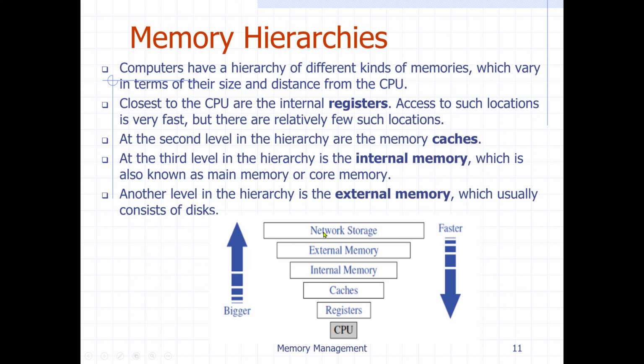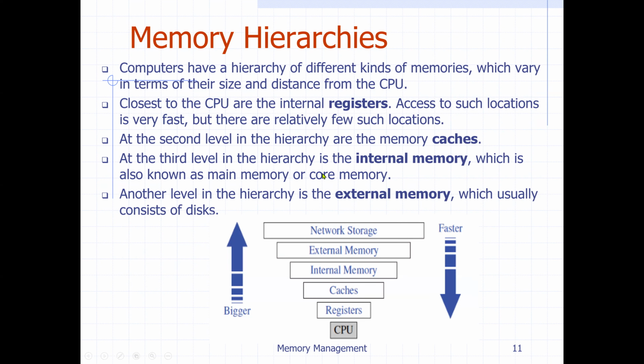As the distance is shorter to the CPU, the faster the CPU can access the data from the memory. So here we say the closest to the CPU are the internal registers. Access to such locations is very fast, but there are relatively few such locations, and again, very expensive also. The second level will be the cache memory, which is very near to the CPU.